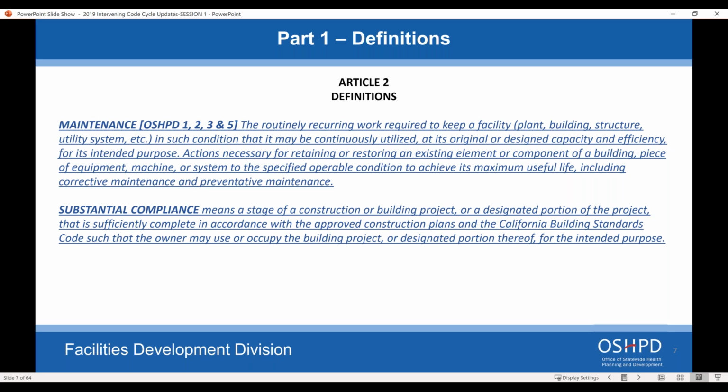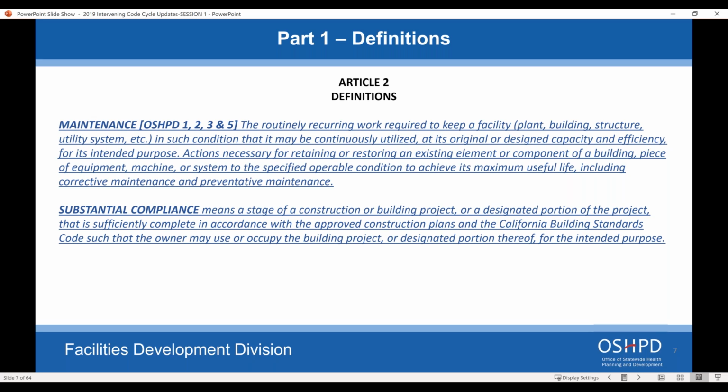Substantial compliance is a term you might have heard OSHPD using over the last year or two. It's basically very similar to a certificate of occupancy or substantial completion. Substantial completion actually has a different legal term and is used in a different context.